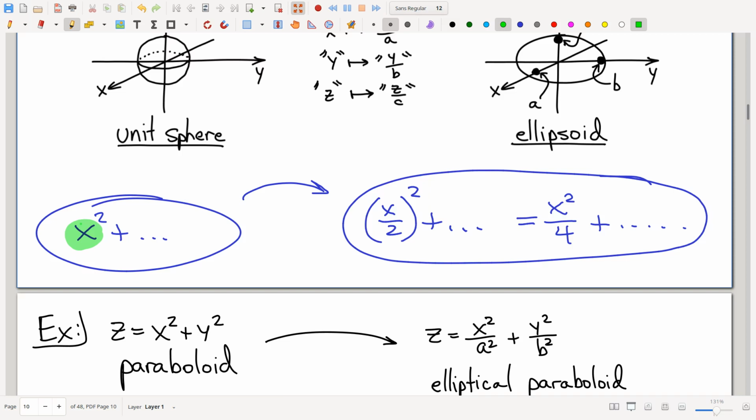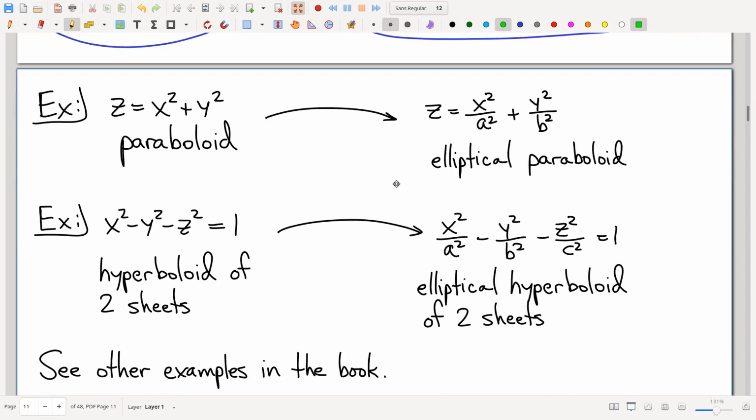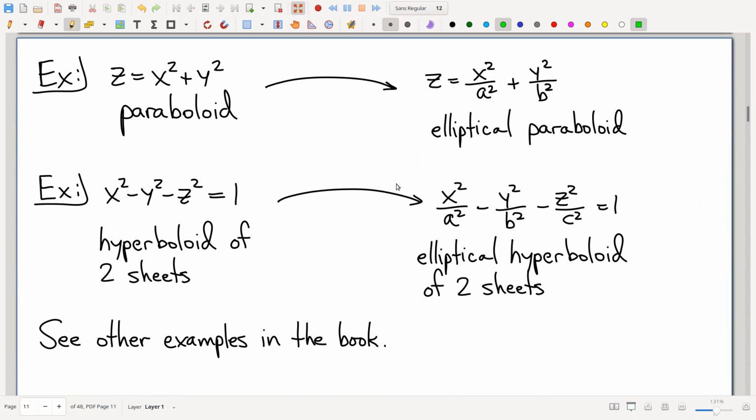And if I'm replacing x with x over 2, and keeping in mind that what had been x is being squared, that means that what I replace it with, the whole thing, is squared. That's what makes this 4 show up. Everybody see that? Easy mistake to make to think the stretching factor is 4 here, and it's not. It's 2. Everybody good? Okay. All right. Okay, couple more examples here. These are nice little quickies. We already understand a paraboloid.